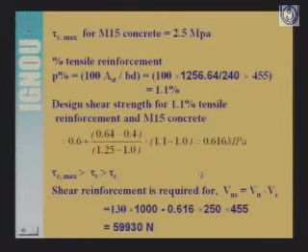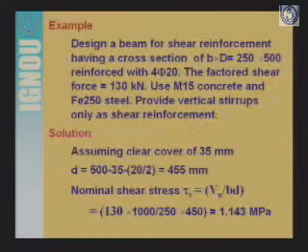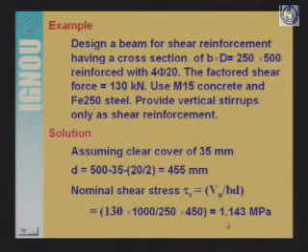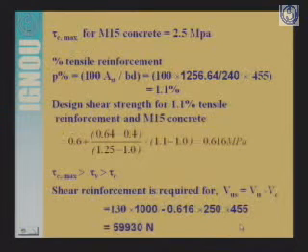Now we will compare these values, that is nominal shear stress, tau c and tau c max. Here you see that our nominal shear stress tau v is 1.143, and tau c max is 2.5.